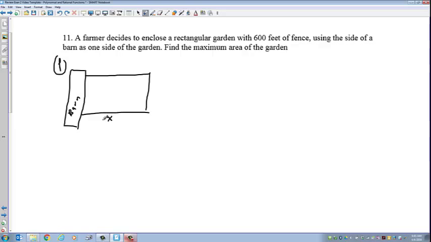So you have side X, and side Y. You're going to need fences on this side, but not on the other, right? So remember, there's a barn right here, so you don't need any fence right there. You have 600 feet of fence. And of course, you want to find the max area of the garden.